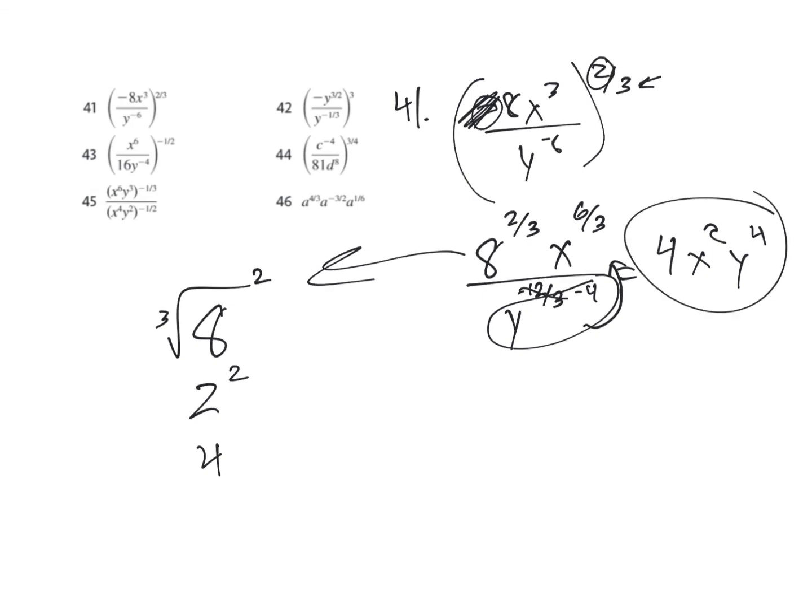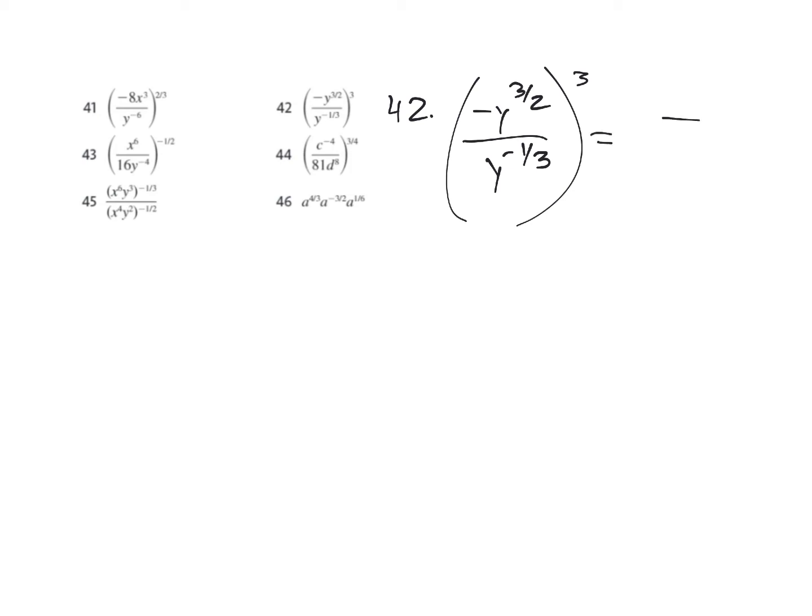Alright, number 42. Negative y to the 3 halves over y to the negative 1/3, all raised to the 3. Okay, so inside the parentheses, it's negative, and we're raising it to an odd exponent. So that means it's going to remain negative in the end.